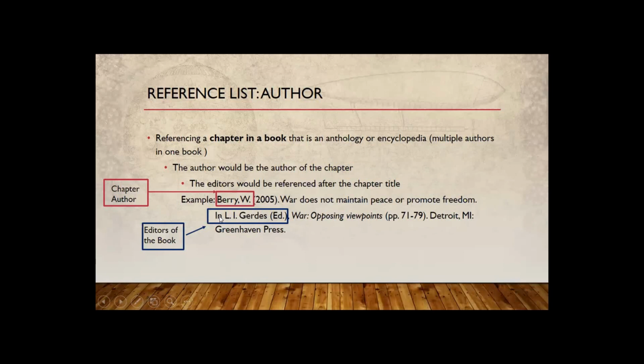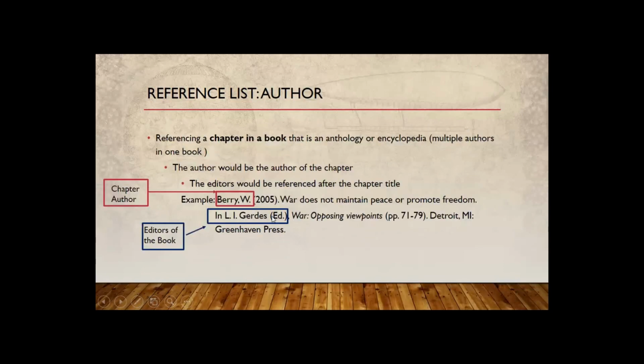So sometimes, like the Encyclopedia of Psychology, it doesn't have editors, or it does have a lot of editors, and it'd be way too much to put in a reference list. So this is a continuation, as you can tell.